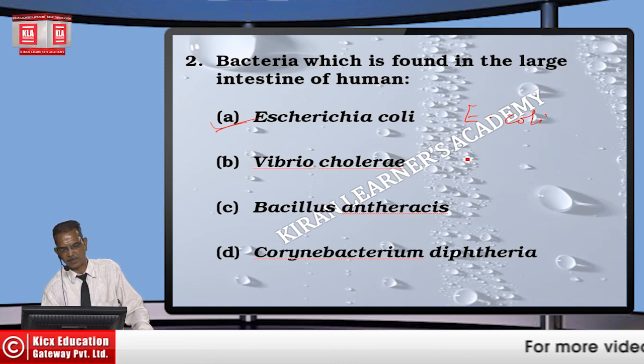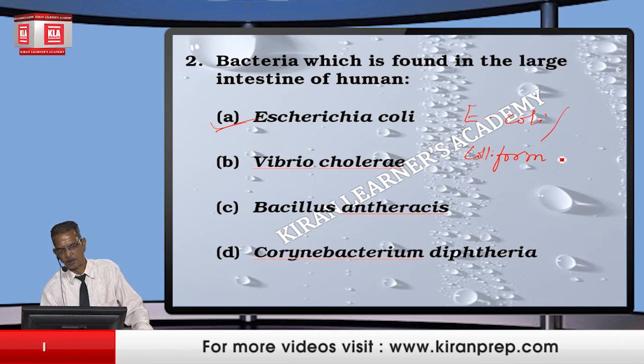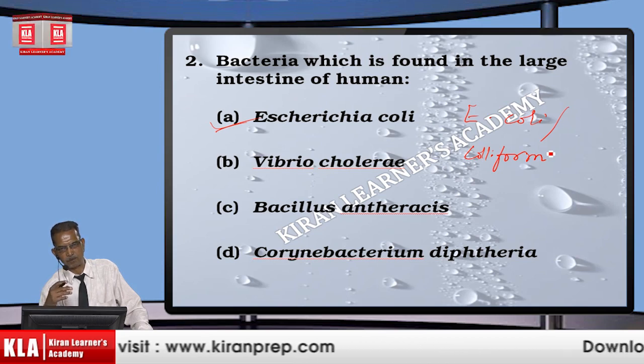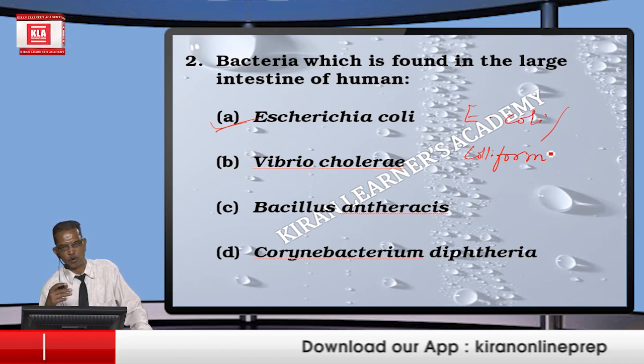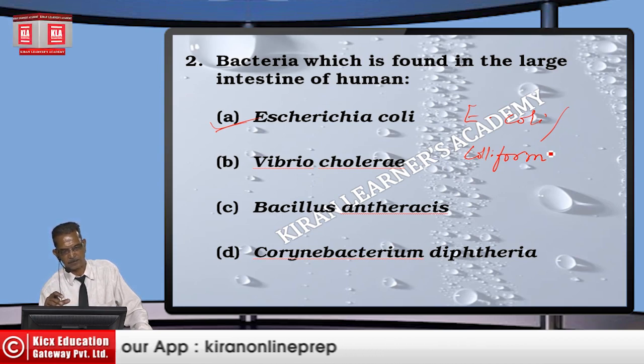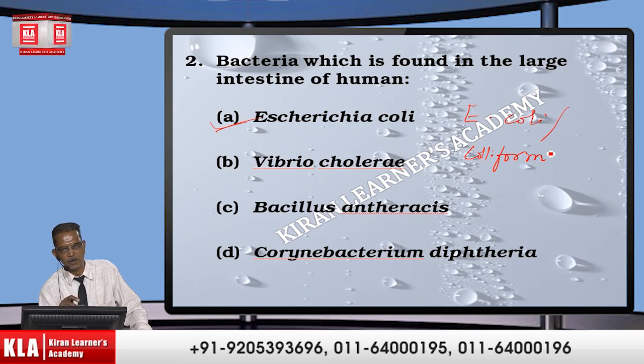There is another class of bacteria called coliform bacteria. These bacteria are present in the human excreta. Now, if the percentage or density of these bacteria is more in the water, then we say the water is polluted. If it is normal or below normal, we say the water is fresh. So, these E. coli bacteria are the ones that are present in the water and have come with the human excreta.